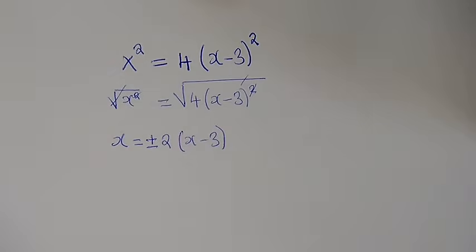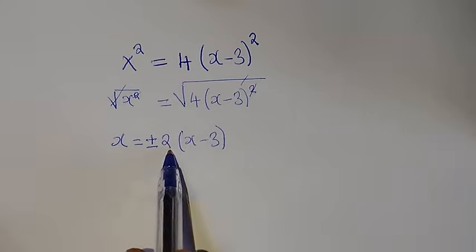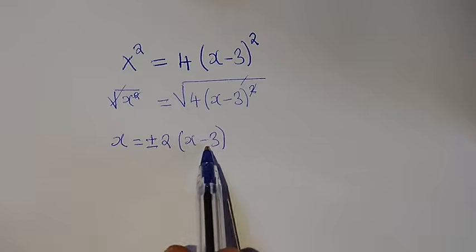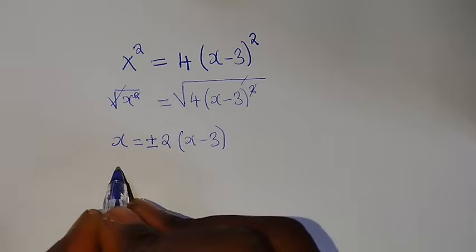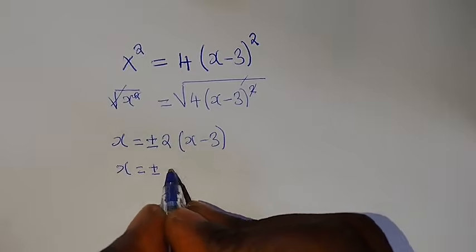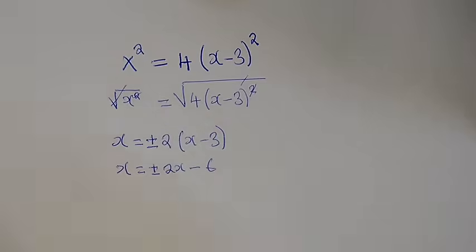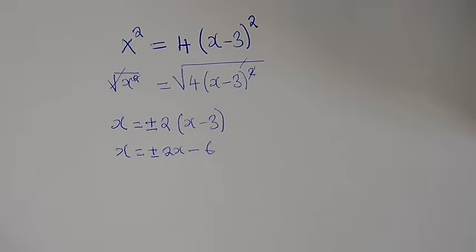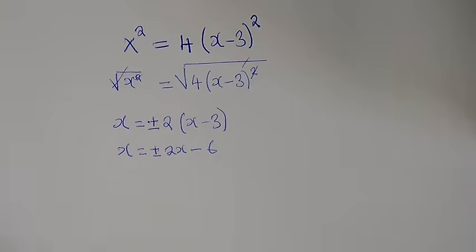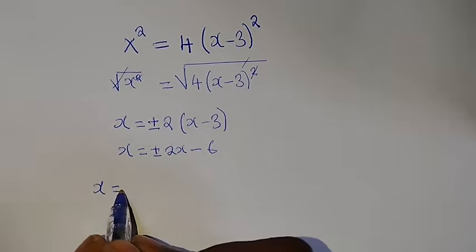I hope you have understood what I've done here. Now from this stage, we need to expand: 2 times x, again 2 times negative 3. So we write x is equal to plus or minus, 2 times x is 2x, 2 times negative 3 will give us negative 6. Since we have two different signs, a positive and a negative, we are going to separate where we say x equal to.